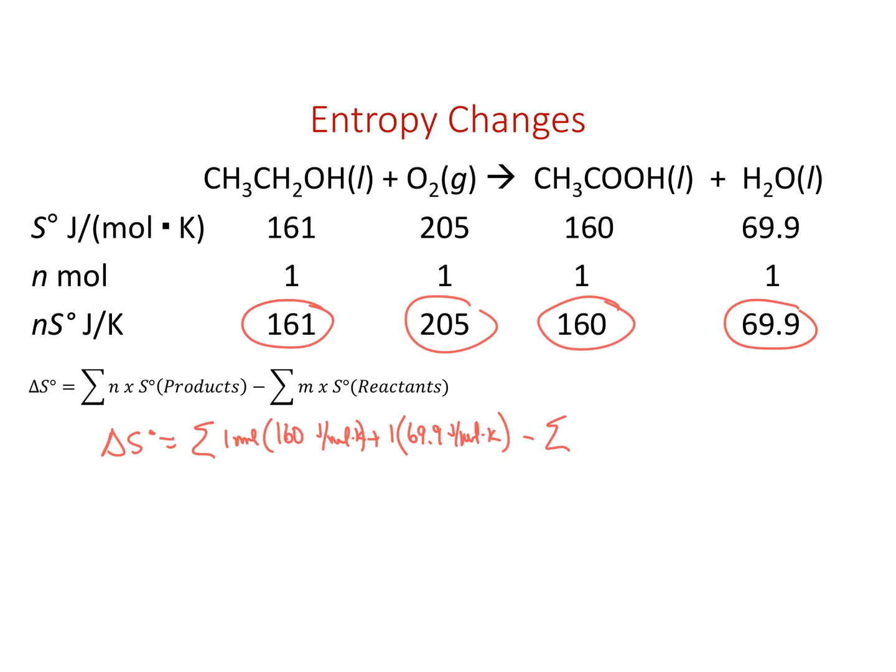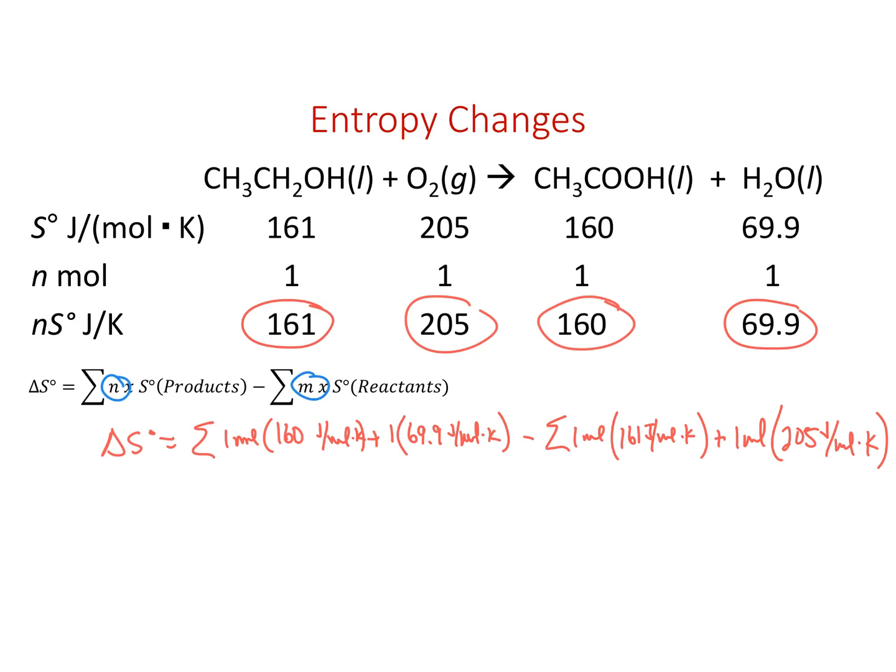My reactants are ethanol and oxygen. So I have 1 mole of ethanol, and that entropy is 161 joules per mole Kelvin, plus the entropy of 1 mole of oxygen at 205 joules per mole Kelvin. The important thing here, why I had to take into account n and m, is that those are the coefficients from the balanced chemical reaction.